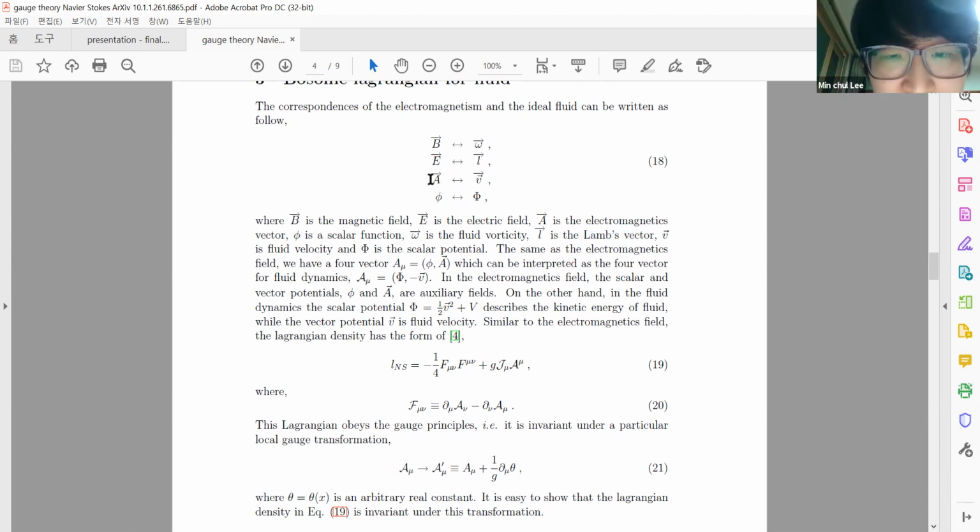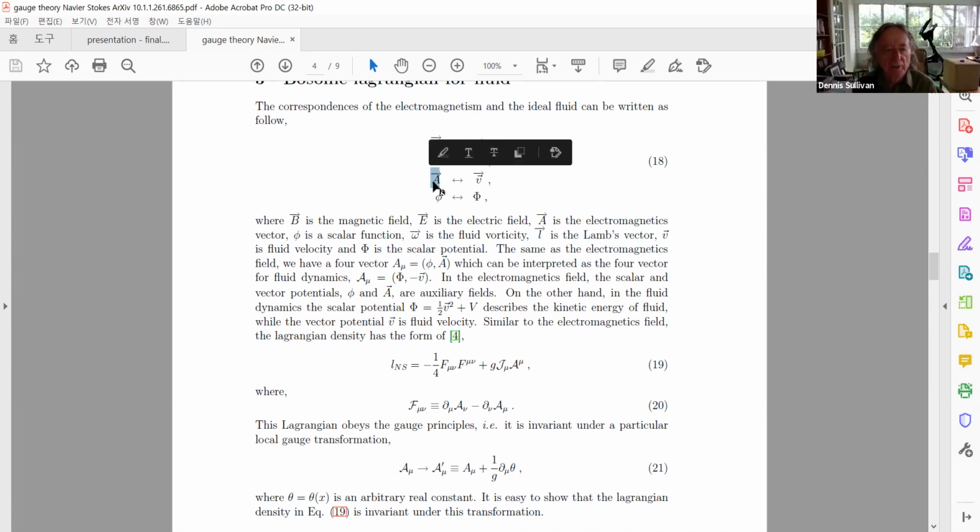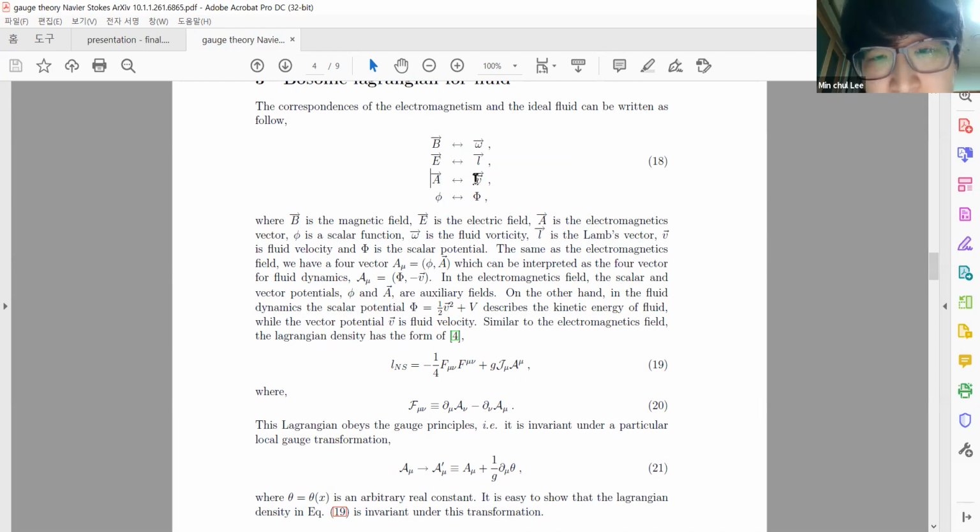And the vector potential corresponds to the velocity field. In fact, for Navier-Stokes, I admit that the Navier-Stokes equation does not have a gauge invariance.